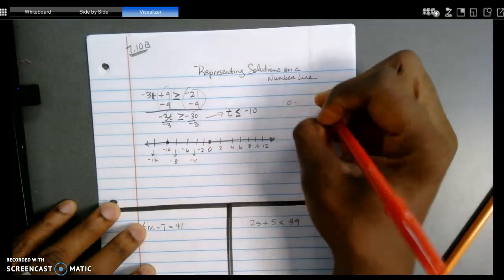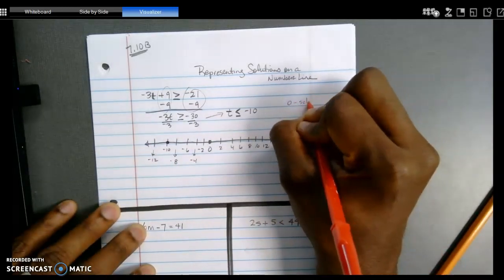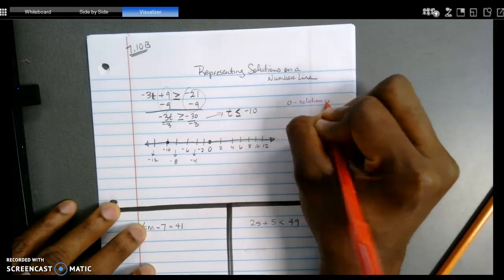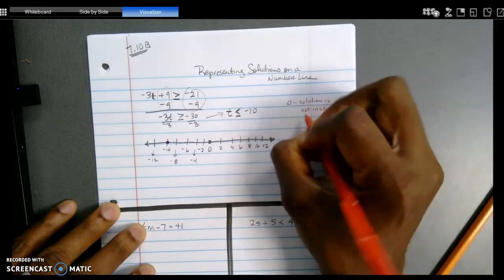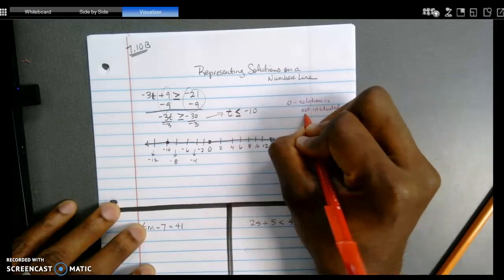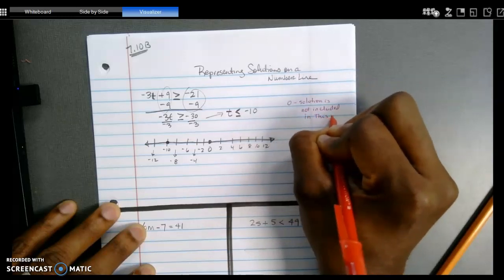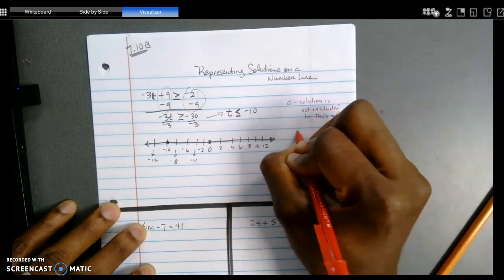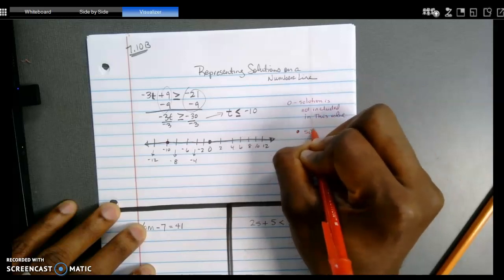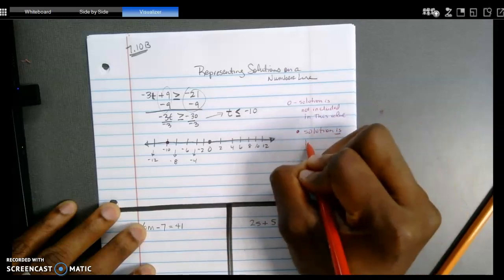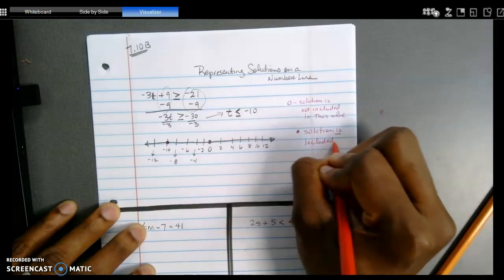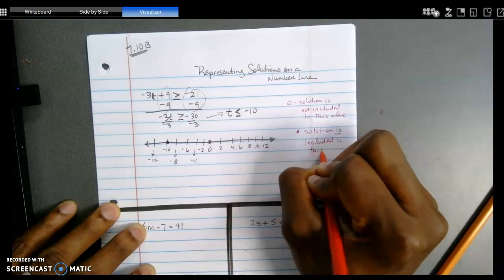An open dot means the solution is not included in this value. And a closed dot means the solution is included in this value.